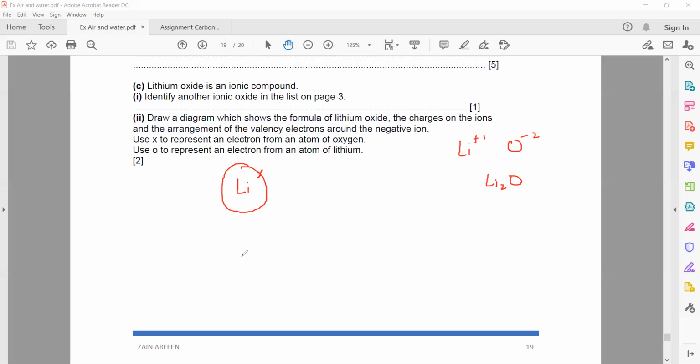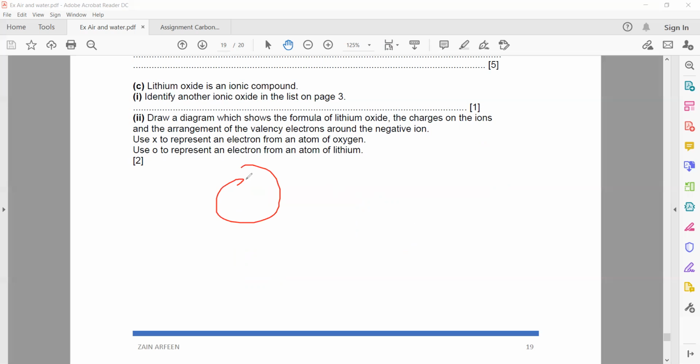Each lithium has one electron in the outermost shell, and oxygen belongs to group 6, so oxygen has 6 electrons. Lithium loses an electron, oxygen gains electrons. But we have to draw the final structure, so we just draw it after the electron transfer.